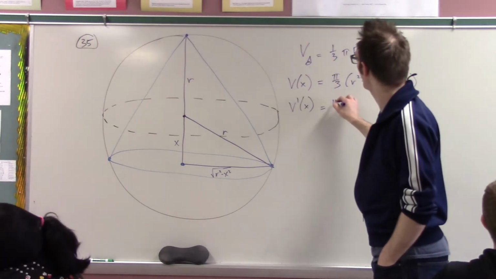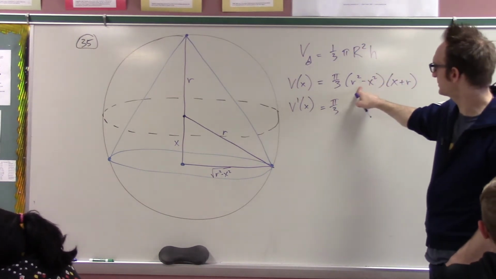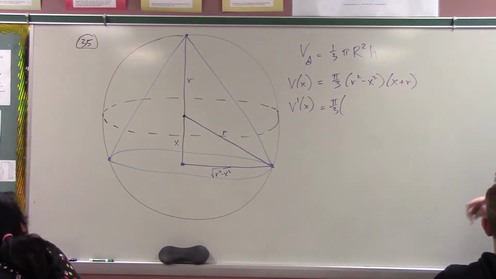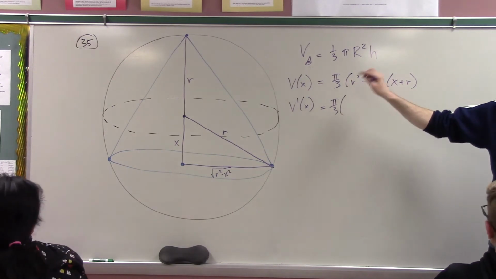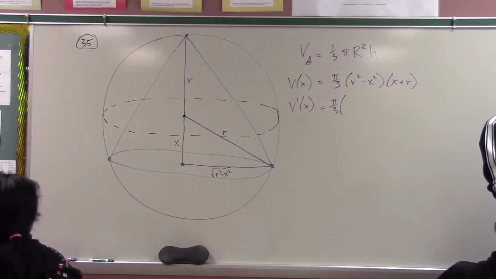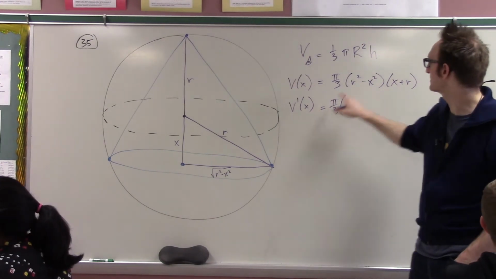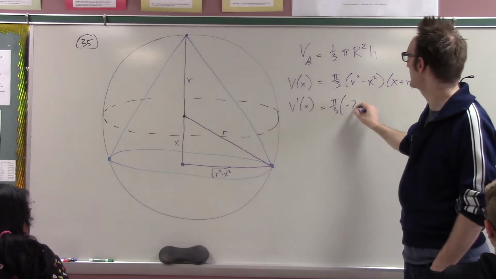All right, so leaving the pi over 3 on the outside and applying the product rule, this is the derivative of the first. And here you need to be careful, because your brain wants to do calculus on the r squared, but r is a constant for this problem. X is the variable. We are differentiating with respect to x. So if I'm taking the derivative, this is just negative 2x.